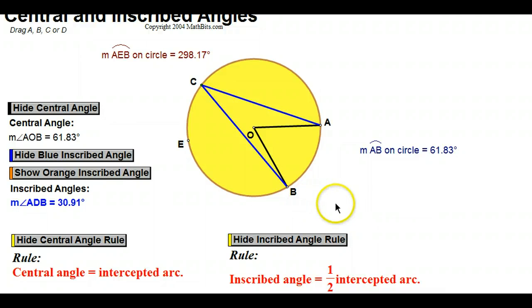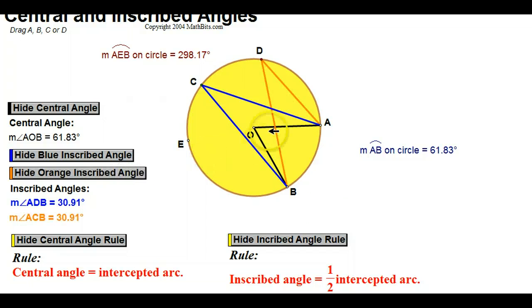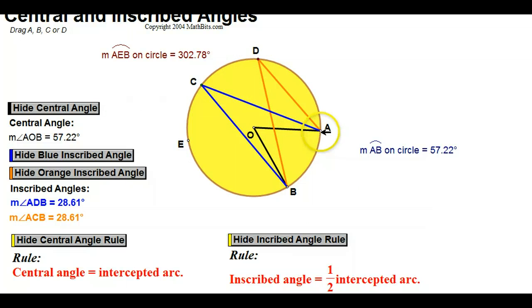Now let's take a look at another angle that results in the intercepted arc of AB, and that angle is ADB. And as we can see here, ADB produces also the arc AB.